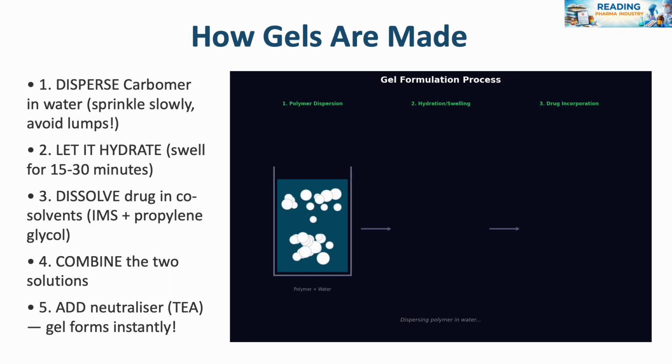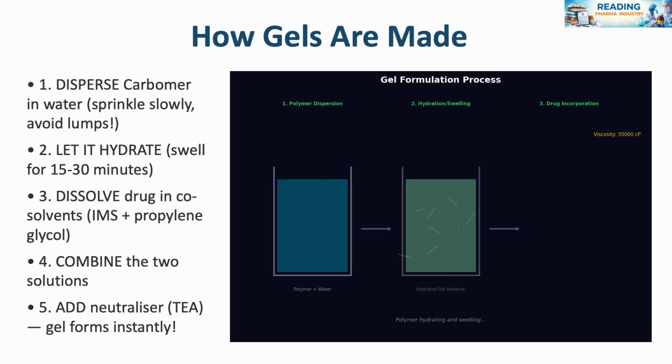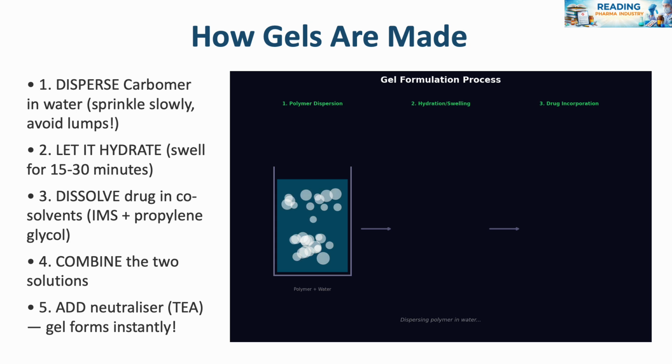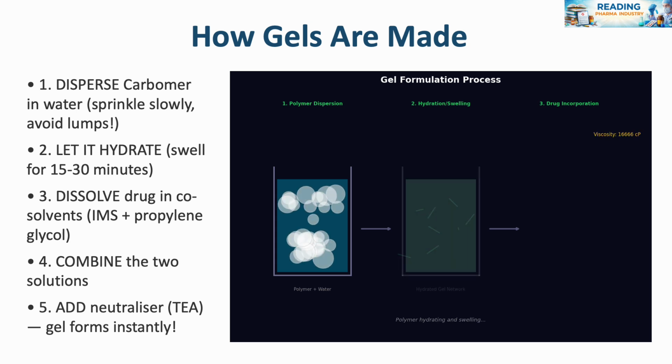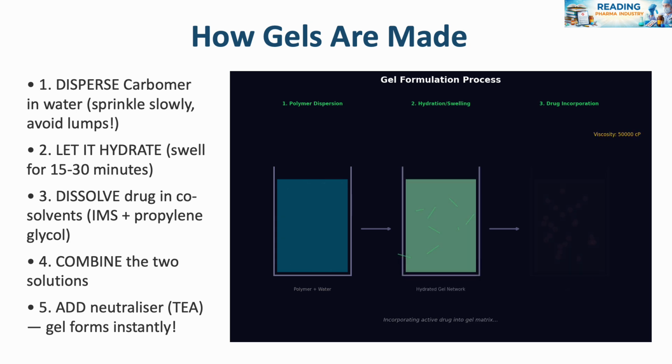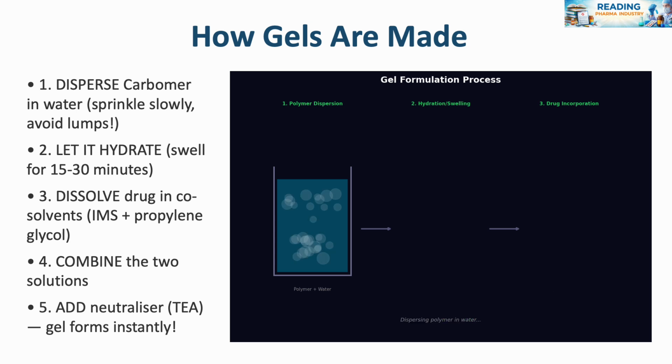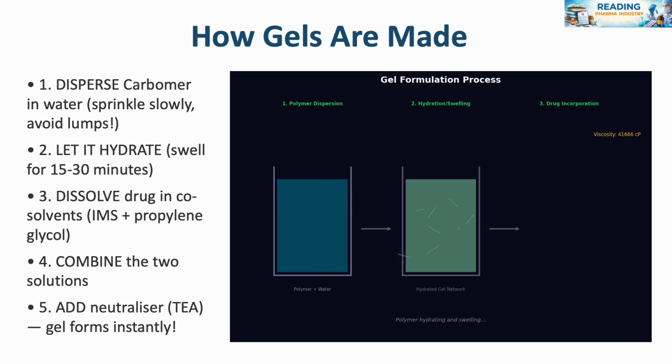The process of forming gels requires some steps to be followed, and these need to be followed with some caution to make sure you end up with the right consistency of the gel. The first thing you do is to disperse the carbomer polymer in water.